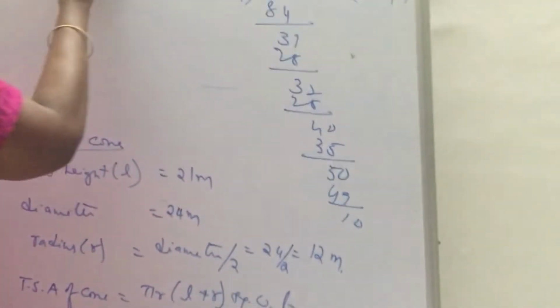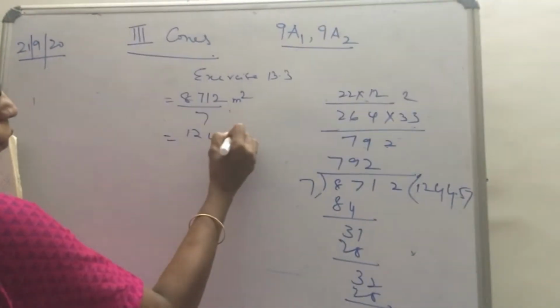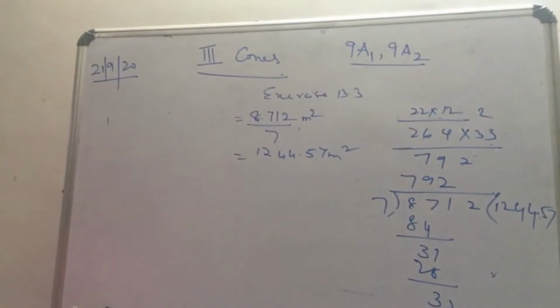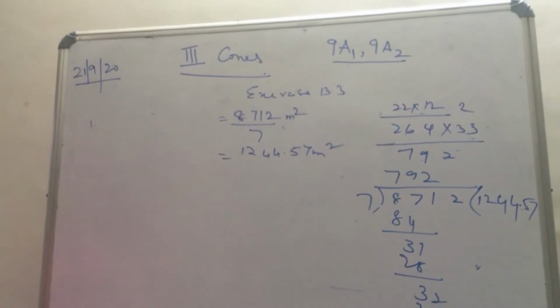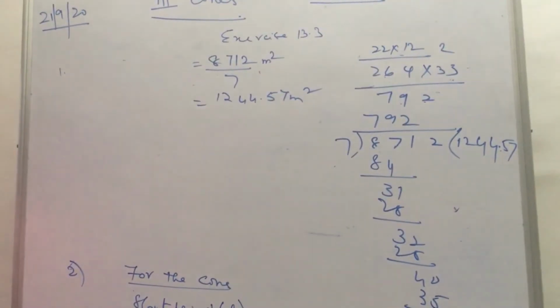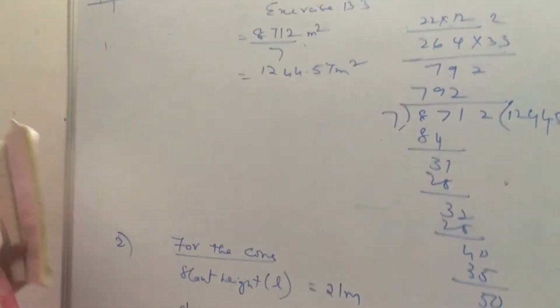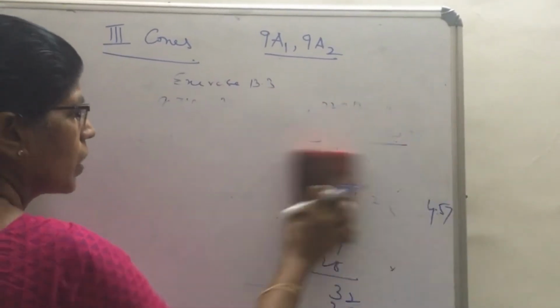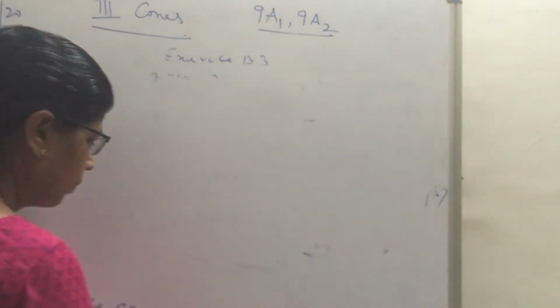And 7. It is equal to 1244.57 meters square. Given the diameter, you found out radius, and you are also given the slant height, children. TSA of the cone is equal to pi r into l plus r, which is equal to 1244.57 meters square.